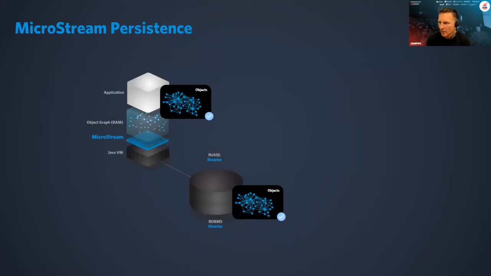And here only the delta is stored, so only the data that changed will be stored persistently on disk. And vice versa, you can load single object references and restore them in memory anytime. So you don't have to load the entire object graph in memory.